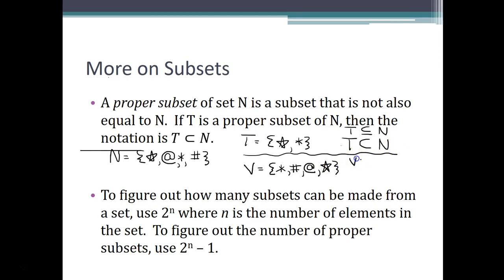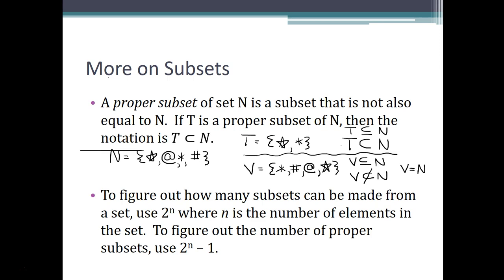Well, V is certainly a subset of N. All of V's elements are found in N. But V is not a proper subset of N. You can do the little proper subset symbol and put the slash through it to say that's not a proper subset, because all of V's elements are found in N. In fact, V equals N. And that's what keeps it from being a proper subset. So that's the difference. A proper subset is still a subset, but it can't be basically the same as the original set.